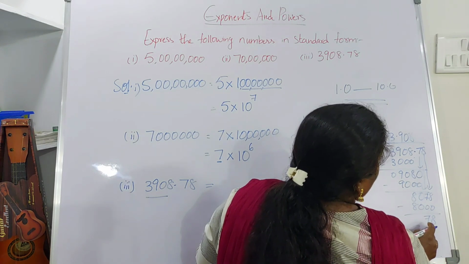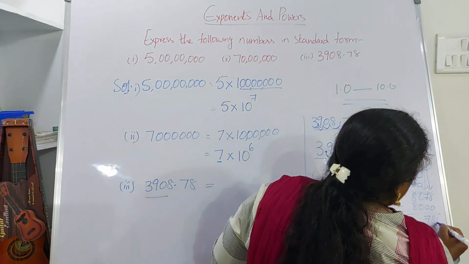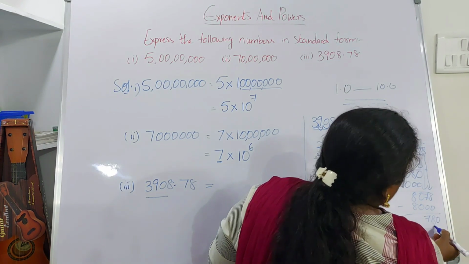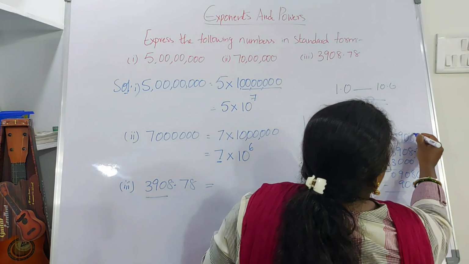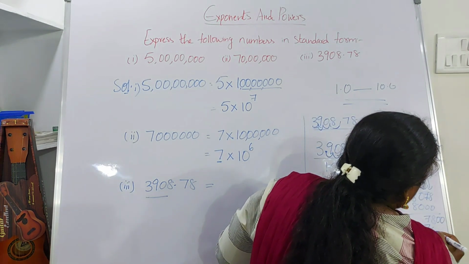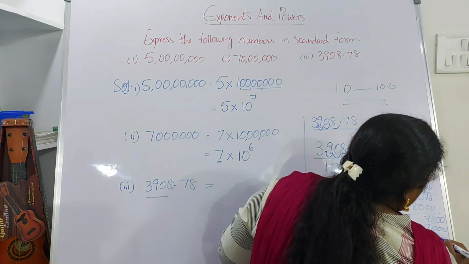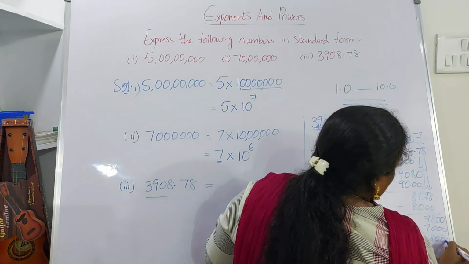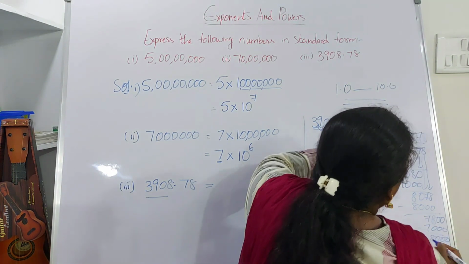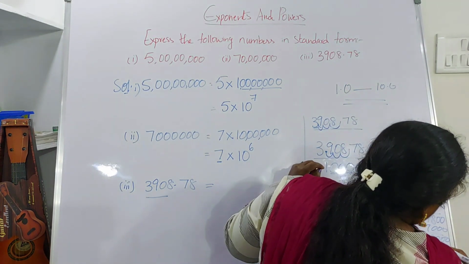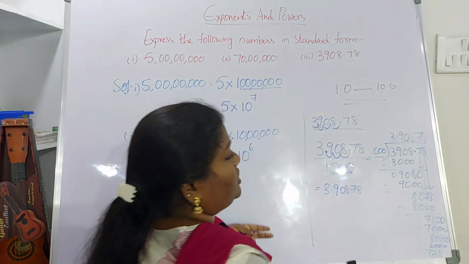Because this is a smaller number, anyway you have a decimal point here, you can add 0. One 0 is not enough, take one more 0. Now it is 7, that is 7000. Subtract, and you are left with 800. So add 0 and you are going to get 8000, and when you subtract, you get 0 remainder.